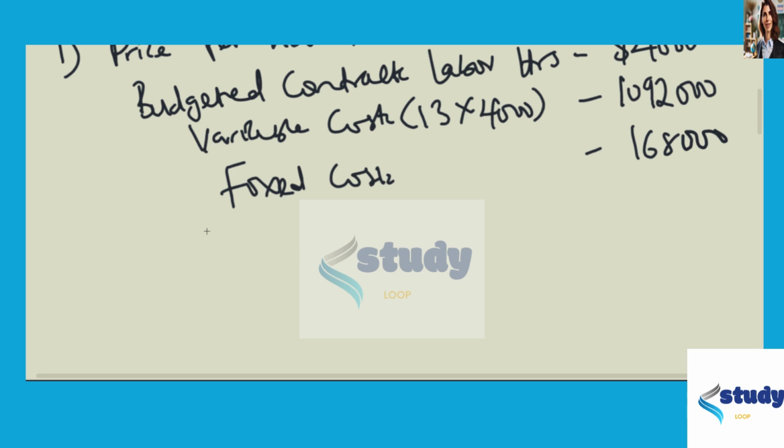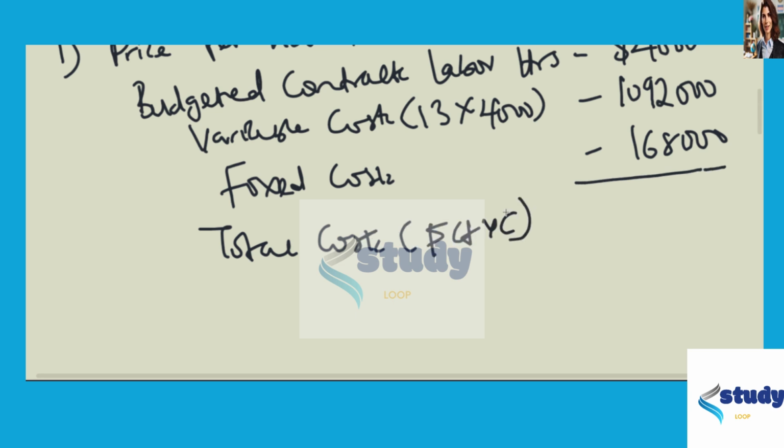And now we have the fixed cost, and it's given that the fixed cost is 168,000. And then we have the total cost, which is fixed plus variable cost, so that will be $1,260,000.